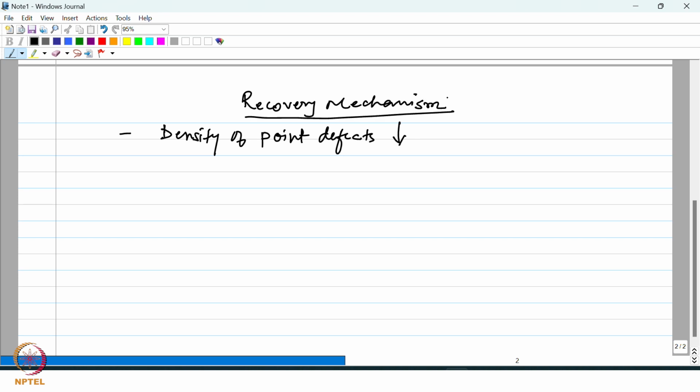So this is one such mechanism through which the properties such as the electrical conductivity will recover. So when the density of point defects decreases, properties which are most sensitive to point defects such as the electrical conductivity will recover.